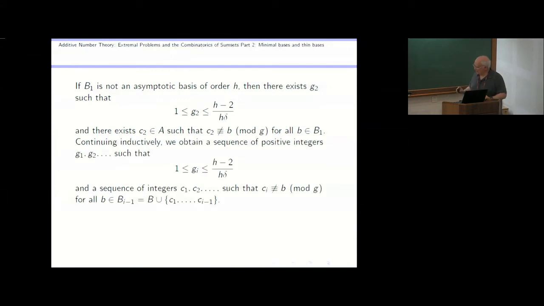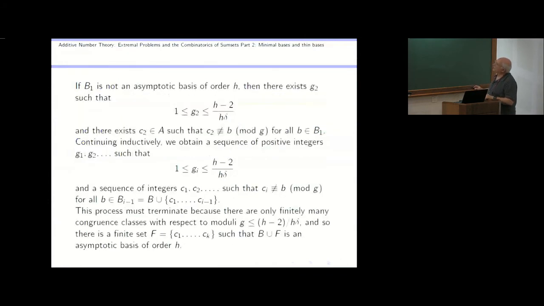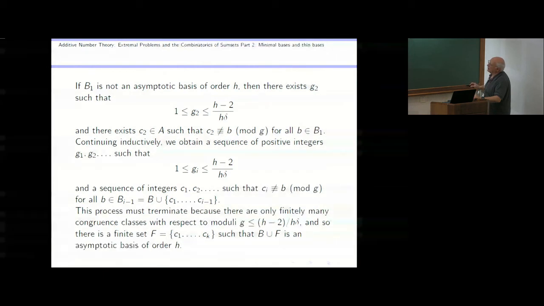So what happens? As we go along, we're computing a sequence of positive integer moduli. They're all in this bound, so there are only finitely many possible moduli. And at each step, we're choosing an integer Ci which isn't congruent to b mod G for any b in the set B sub i minus 1, which is this.